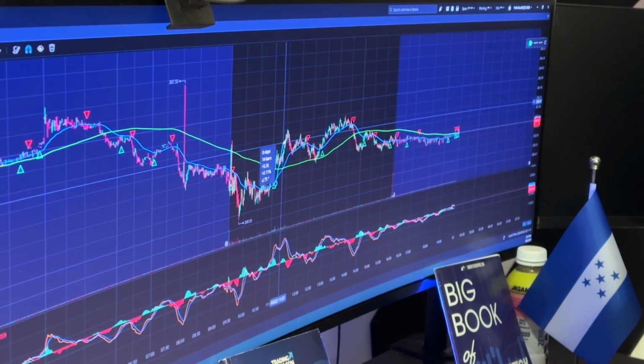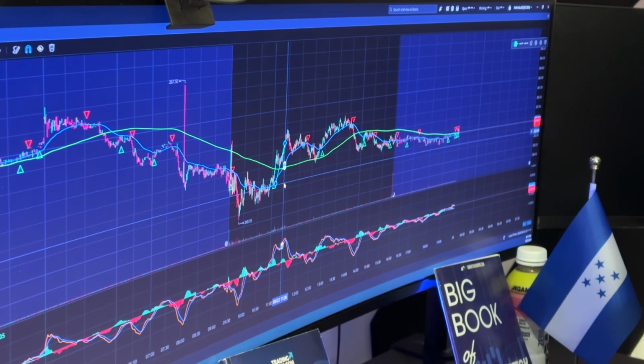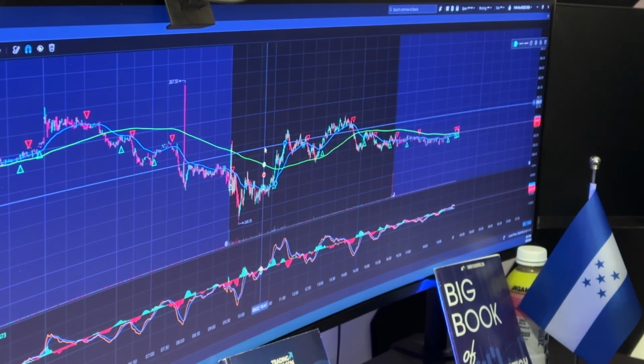Let's not be greedy. So once you get about 2%, you calculate, that's about a $5 range. So it's at 253 to about 257. That's about a $5 range.